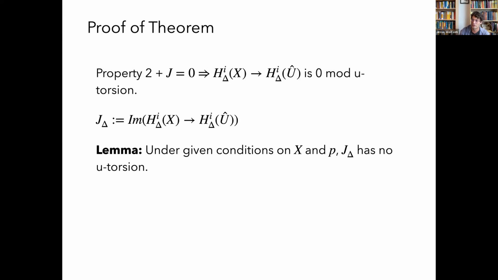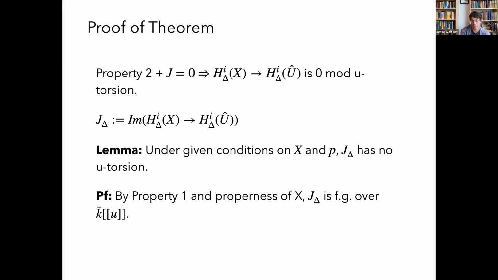And for this, we're going to use the Frobenius property. The first thing is that because X is proper, this image is finitely generated as a module over the power series ring.